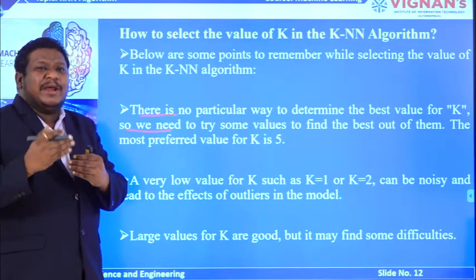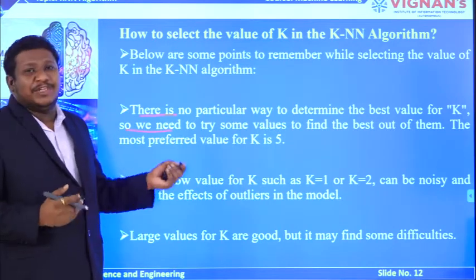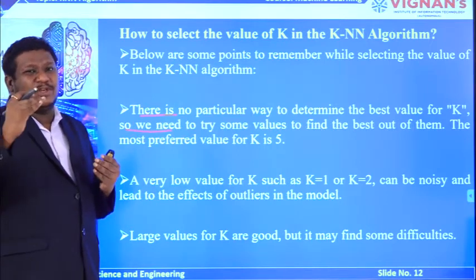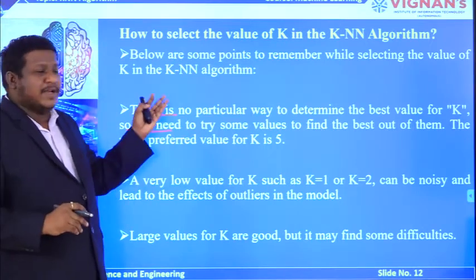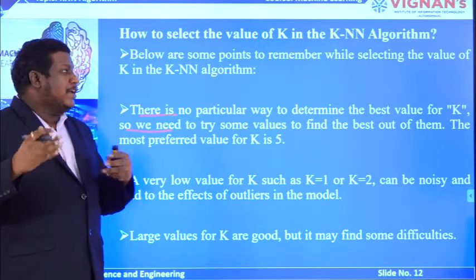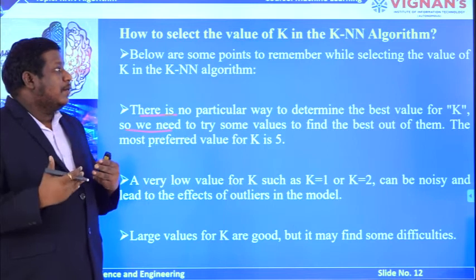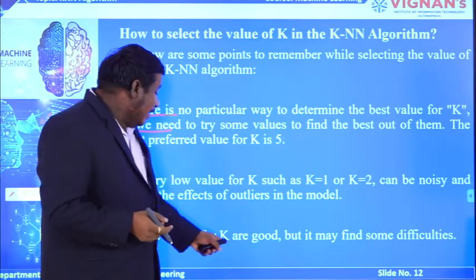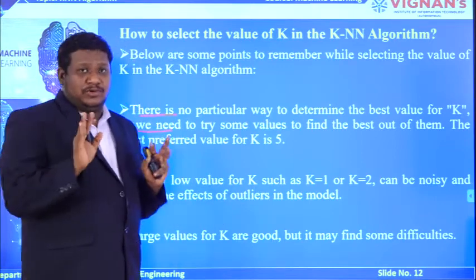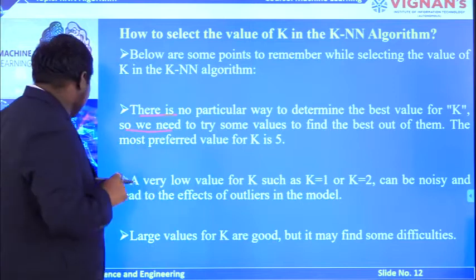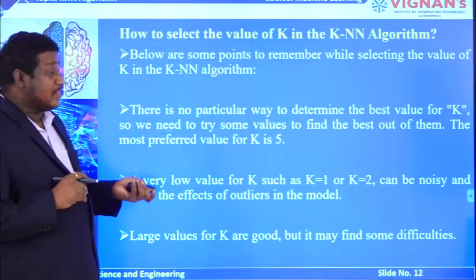That means we maintain 5 neighbors from the new point to the existing category. So in most cases, to reduce the noise, we keep k as 5. But there is no rule that you always have to keep the value as 5; based on your particular needs, you can change it. Large values of k are generally good, but they may cause some difficulties in some cases. We will see those cases in the next slides.